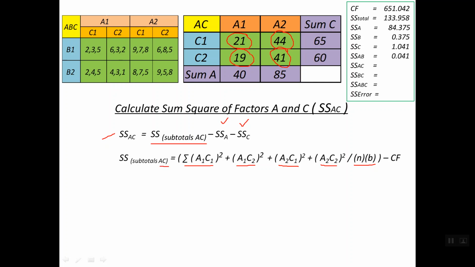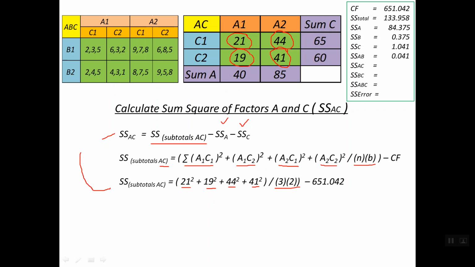And simply because we are calculating for AC, the remaining is N times B. This is A1C1 squared. This is A1C2, A2C1, and A2C2. And here we have 6, which is the total observations.